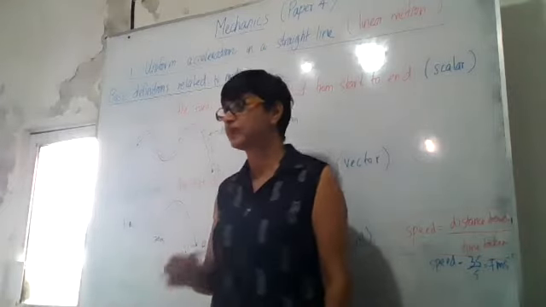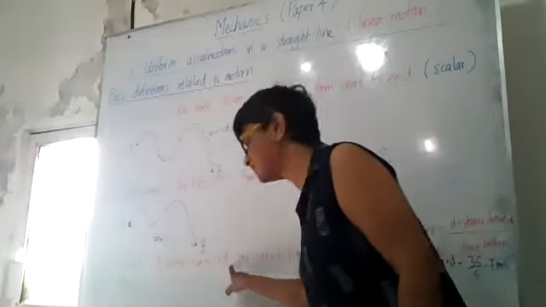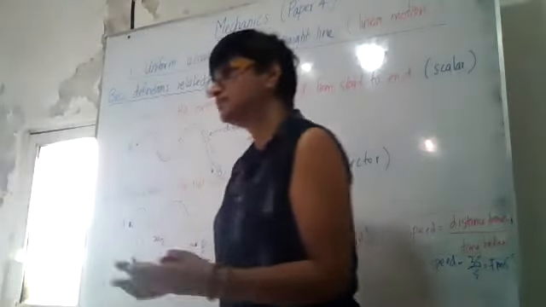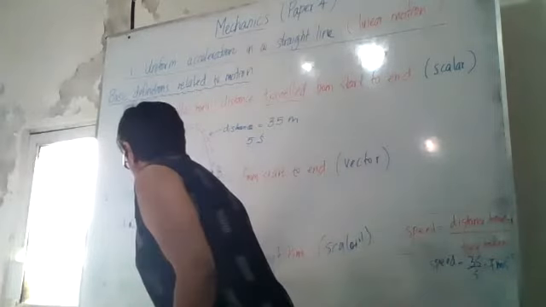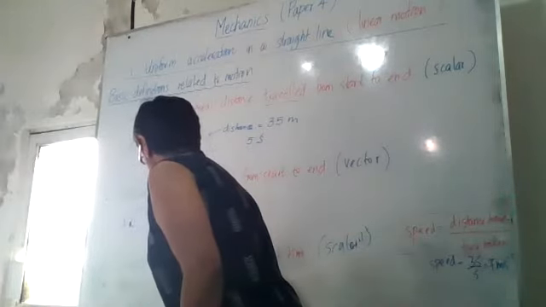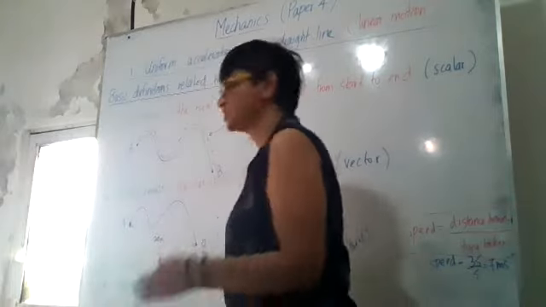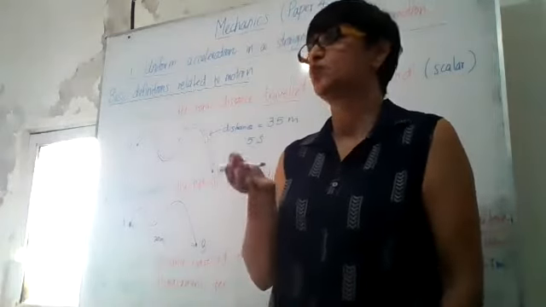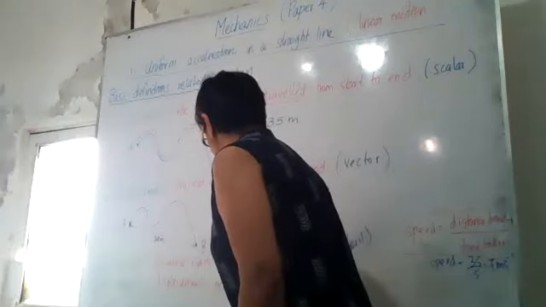Okay, so it's the displacement per unit time. This is the distance per unit time, distance traveled per unit time. Velocity is the displacement that happened per unit time. How much he got displaced in 1 second during this motion. Displacement per unit time.